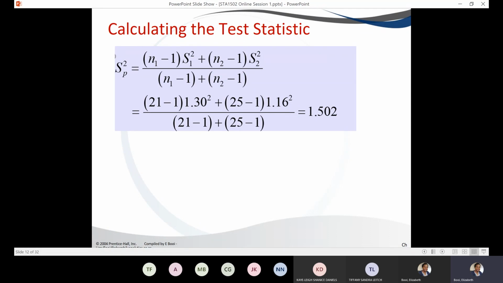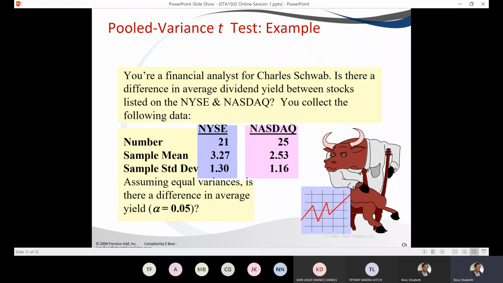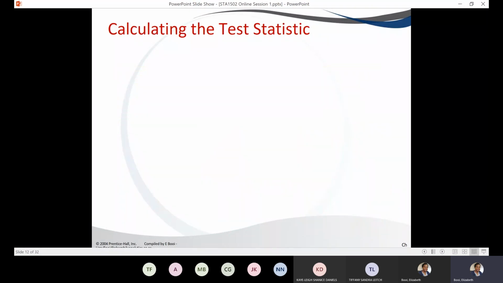If I look at the question, it doesn't give me the idea that one is bigger than the other one. It doesn't say the mean for population 1 is bigger than the mean for population 2. It says the average is different. So therefore, it means we're doing a two-tailed test.